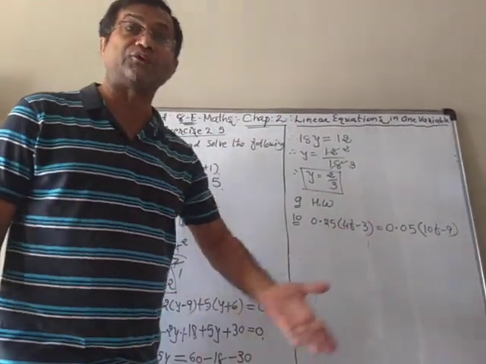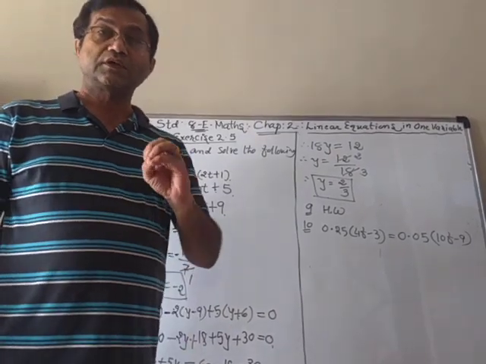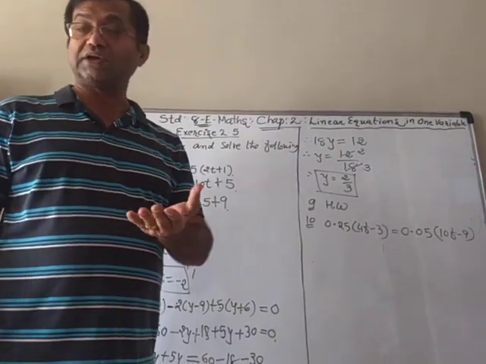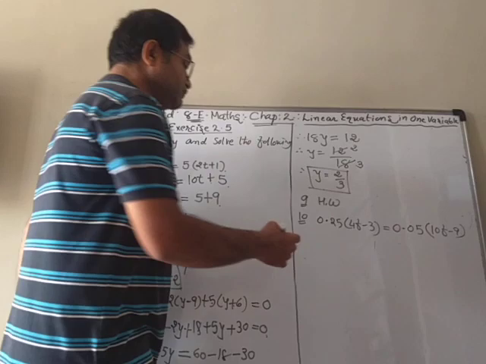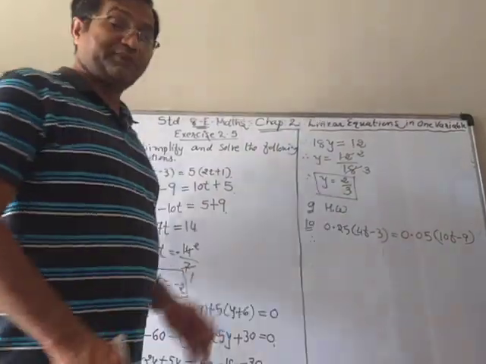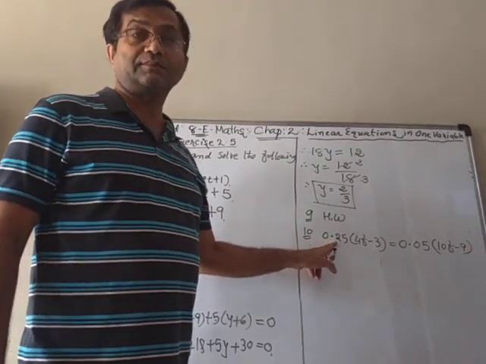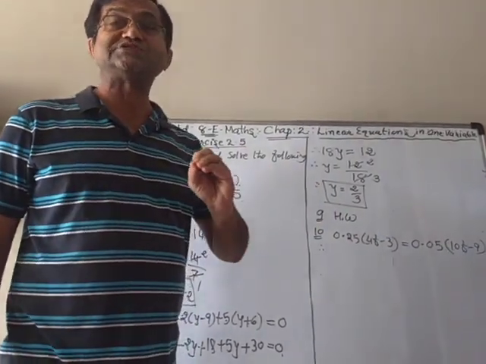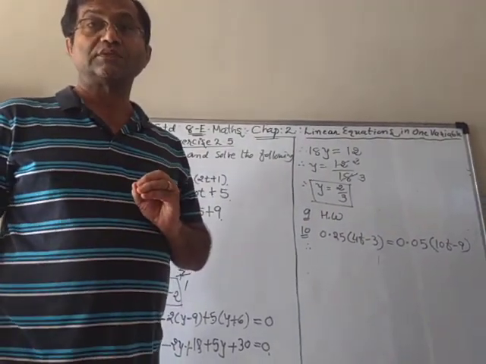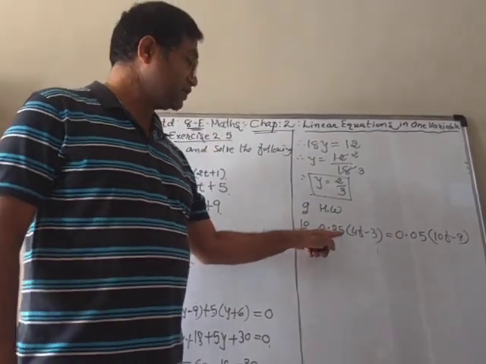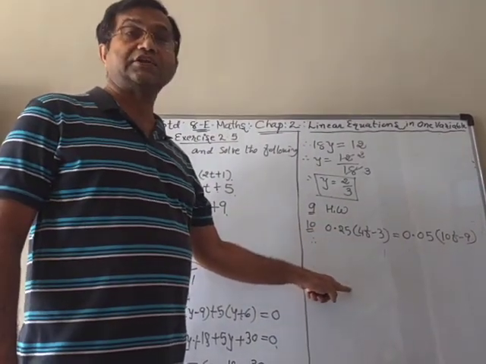0.25 multiplied by 4f. But we will convert it into a simpler form. How? We learned in previous standards that when there is a decimal number, you can convert it into simple fractions. How? If it is one decimal place, you put 10 in the denominator.